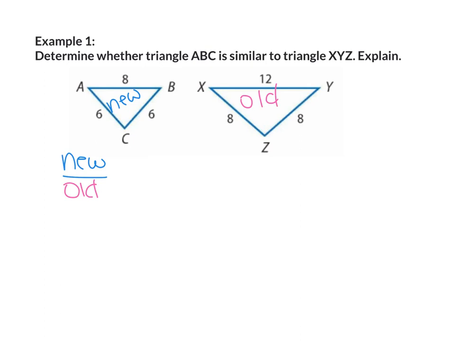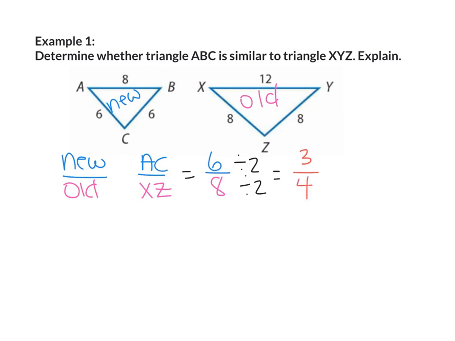So I'm going to take side length AC and divide it by XZ. AC is 6, and XZ is 8. I can simplify those both by 2. So 6 divided by 2 gives me 3. 8 divided by 2 gives me 4.